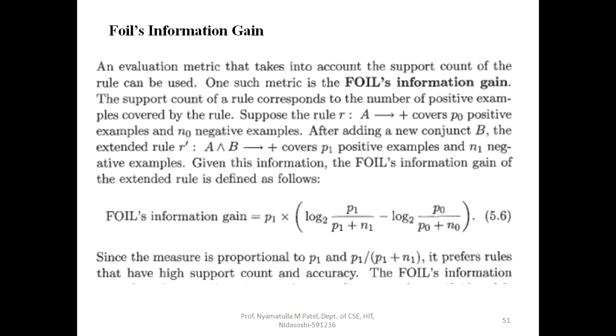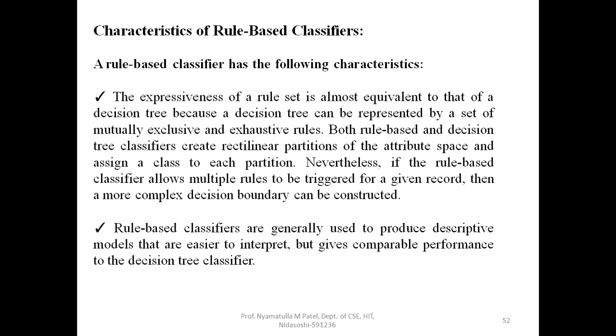Since the measure is proportional to P1 and P1/(P1+N1), it prefers rules that have high support count, meaning a high number of positive examples covered. So, Foil's information gain is better when a rule covers most of the positive examples, with high support and accuracy.